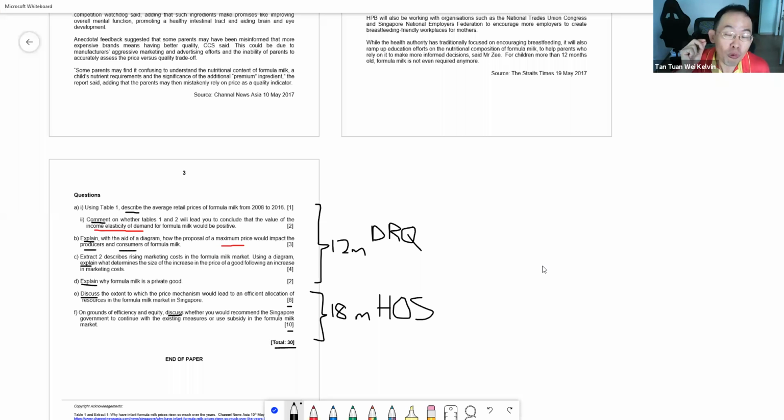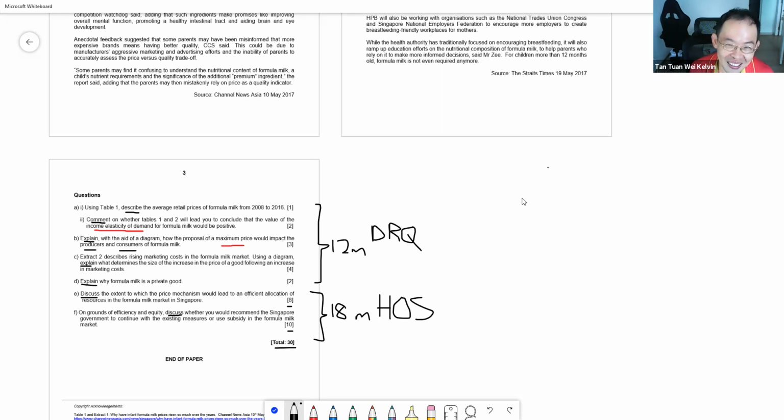So that hopefully should tell you that if you are complaining the price is too high, for the maximum price to make sense, for the price control to make sense, it must be set below the free market price. Are you clear?